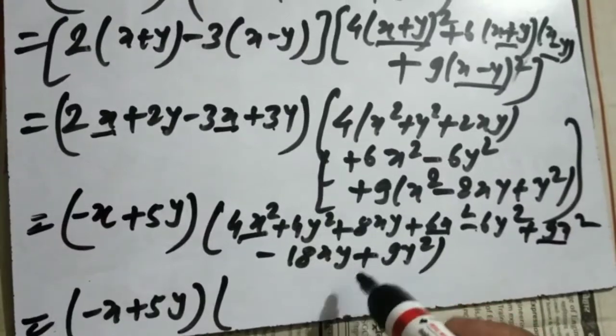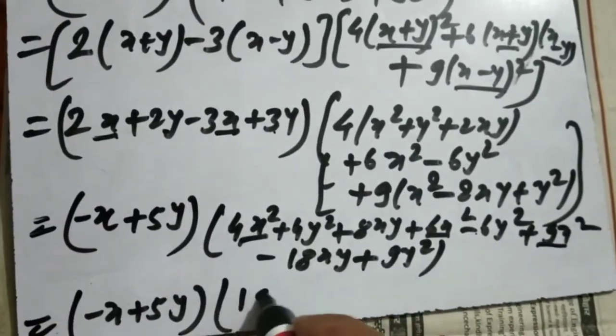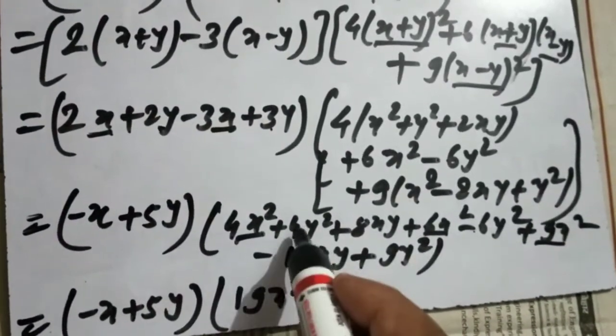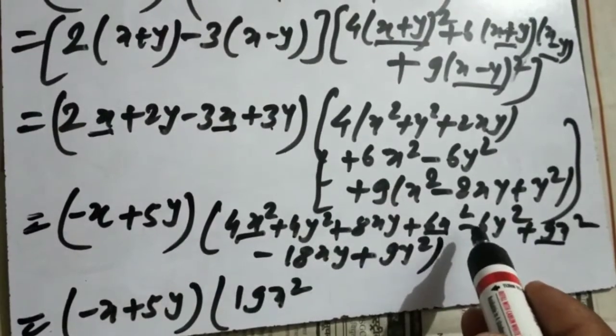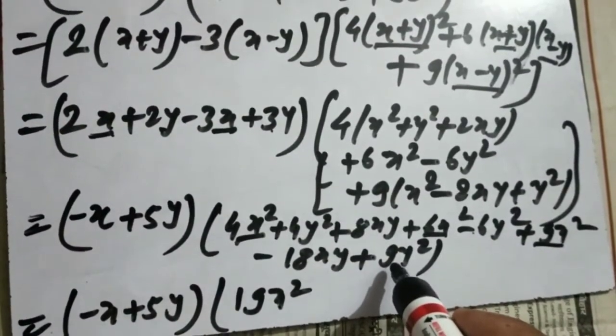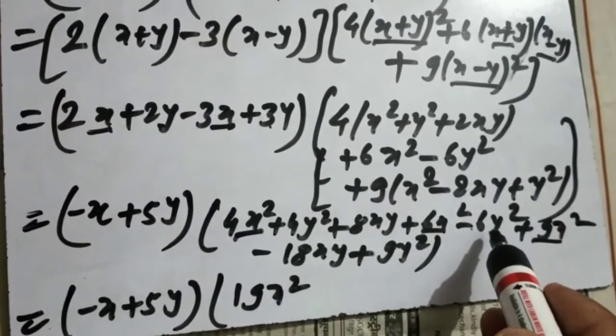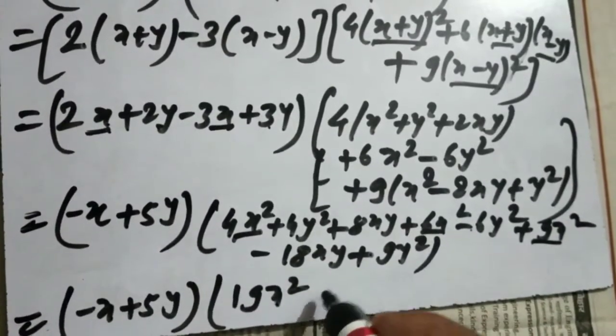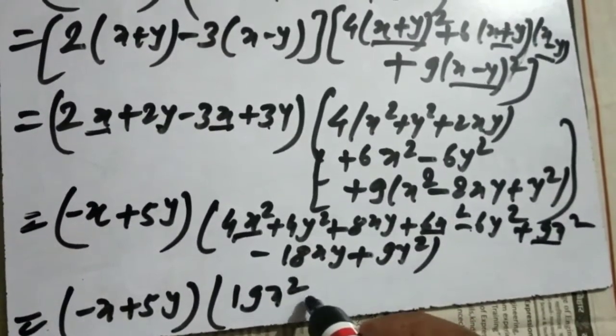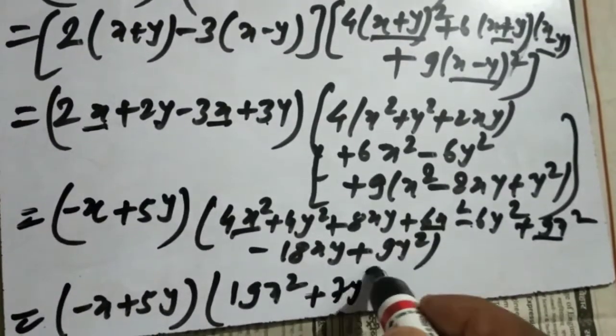Then we have minus x plus 5y into: 4x square plus 6x square is 10x square, and 9x square, 10 plus 9 will be 19x square. Now 4y square plus 9y square will be 13y square, and minus 6y square, 13 minus 6, will be 7y square.